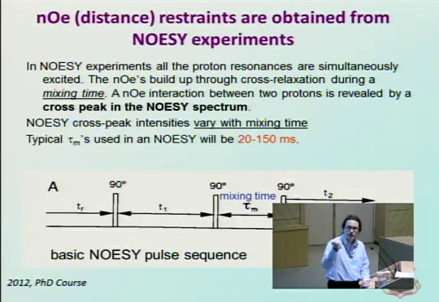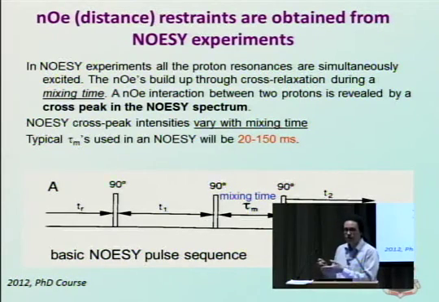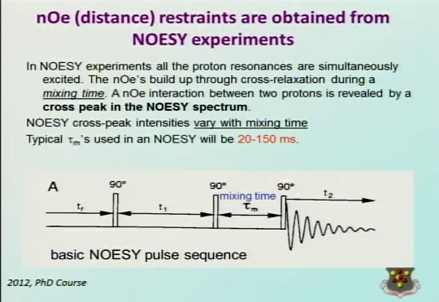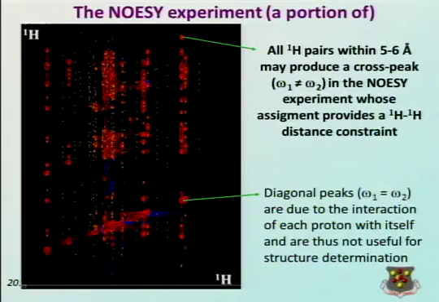And at the end you get so-called cross-peak intensities, that is NMR signals that occur at the intersection of the frequencies of the two proton nuclei that are interacting with one another. And the intensity of the NOESY cross-peak is, among other things, also dependent on the mixing time, so on this experimental parameter.